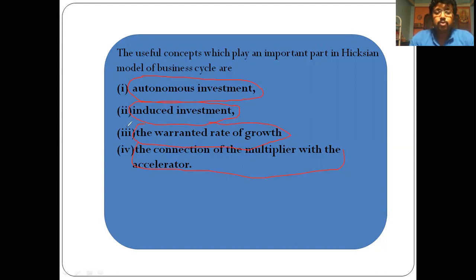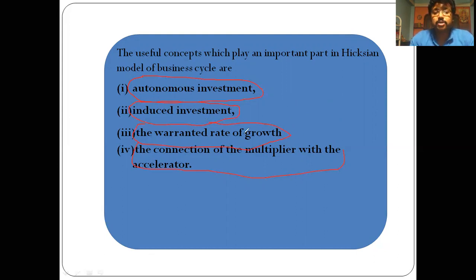The warranted rate of growth. In the Hicks model, this concept was there. The warranted rate of growth is that rate of growth at which the economy is growing when desired savings and desired investment are equal, and desired and actual capital stock are equal.